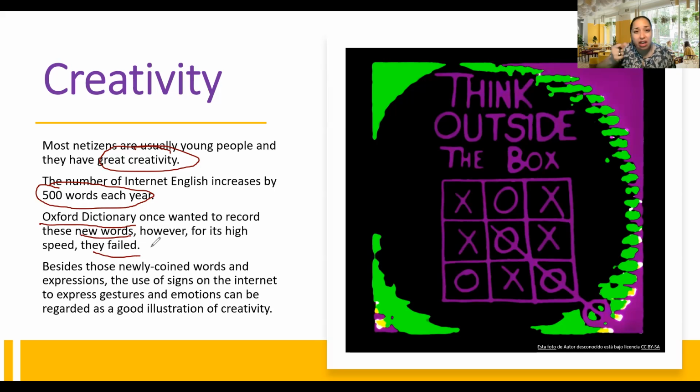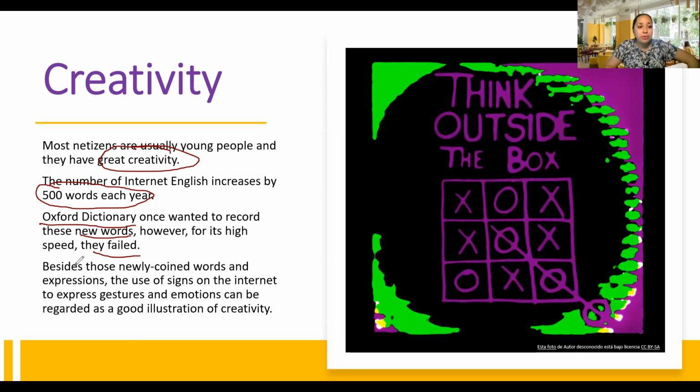So it's a very high speed of creating. That's why it's called creativity, because they are creating so many different words every year. And we're talking about English. This doesn't really happen in Spanish or another language. It's more about English, which is very interesting about this language.